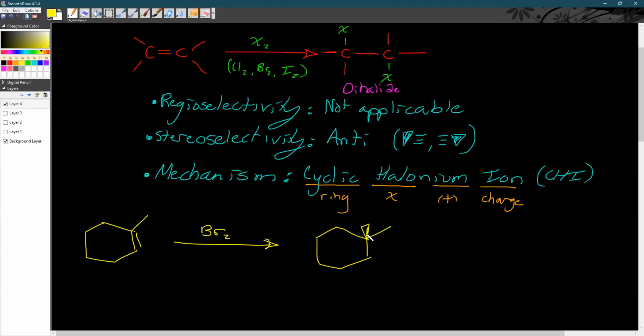And so we get a Br here and a Br there. Now, does it matter which one gets wedge and which one gets dash? Sorry, it does not. My bad. It does not matter which one gets wedge and which one gets dash. Okay, so there would be two stereo products.